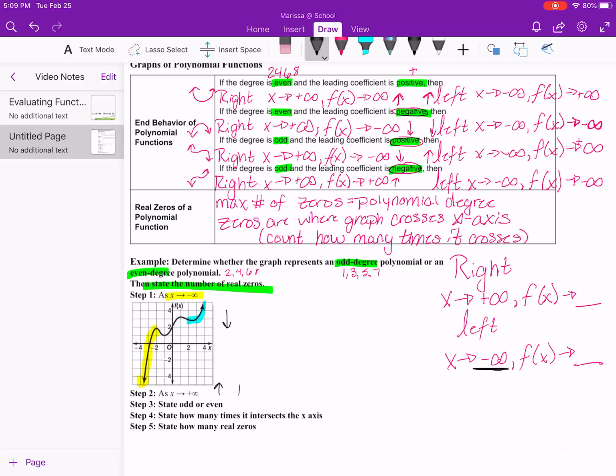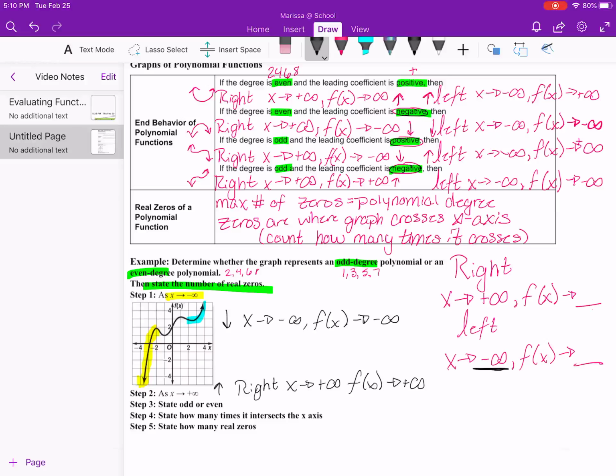if I was to fill this out, I've got x approaches positive infinity, f of x approaches negative infinity. Positive infinity. And then x approaches negative infinity, so then f of x approaches negative infinity.